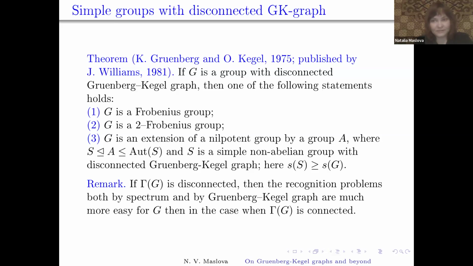So if we consider a group with disconnected Gruenberg-Kegel graph and find that the graph of this group coincides with the graph of some Frobenius group or 2-Frobenius group, then we can easily prove that the group is unrecognizable. And the third possible case is an extension of some nilpotent group by some almost simple group, also with disconnected Gruenberg-Kegel graph. And due to this result, the recognition question by Gruenberg-Kegel graph is much easier for the groups which have disconnected graphs.